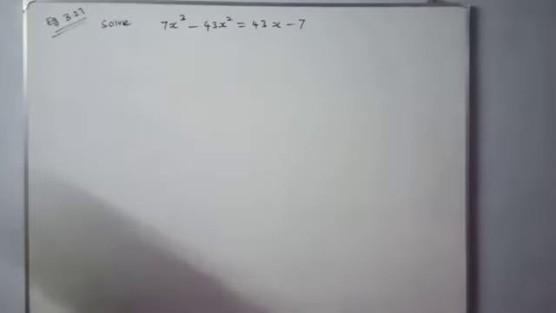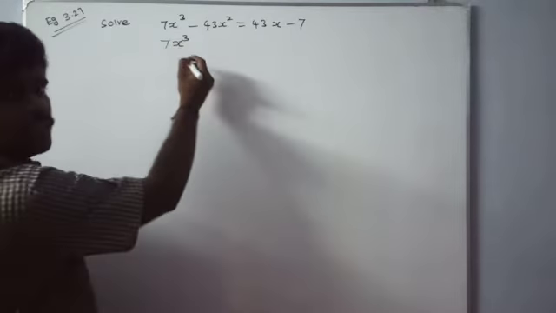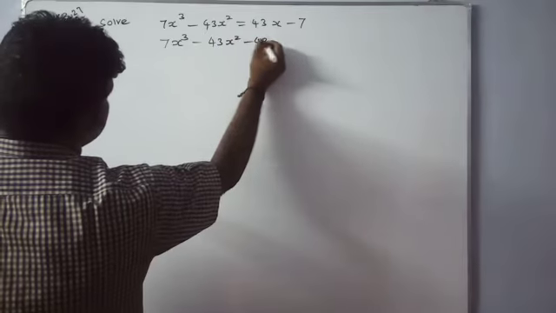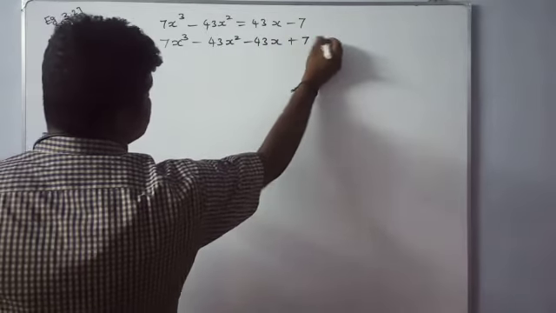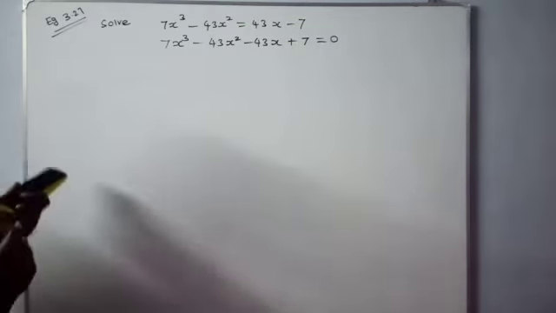Okay, right. Now we want to change the equation to this form: 7x cube minus 43x squared minus 43x plus 7 equal to 0.